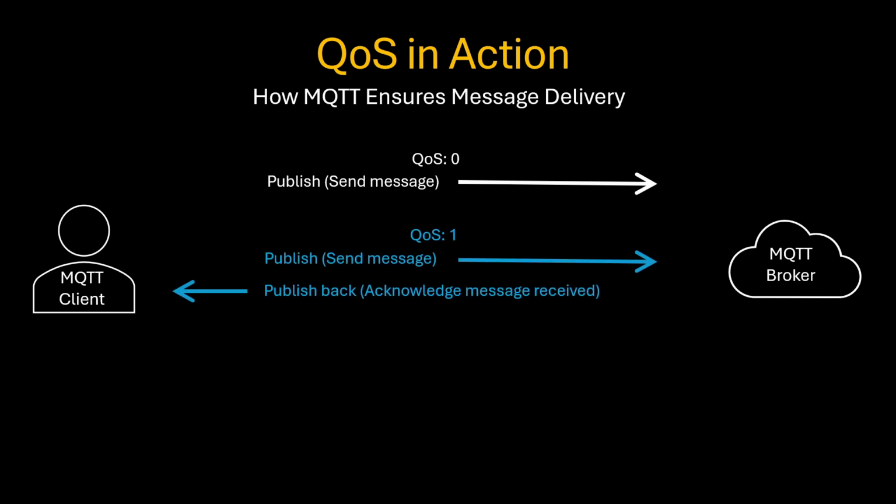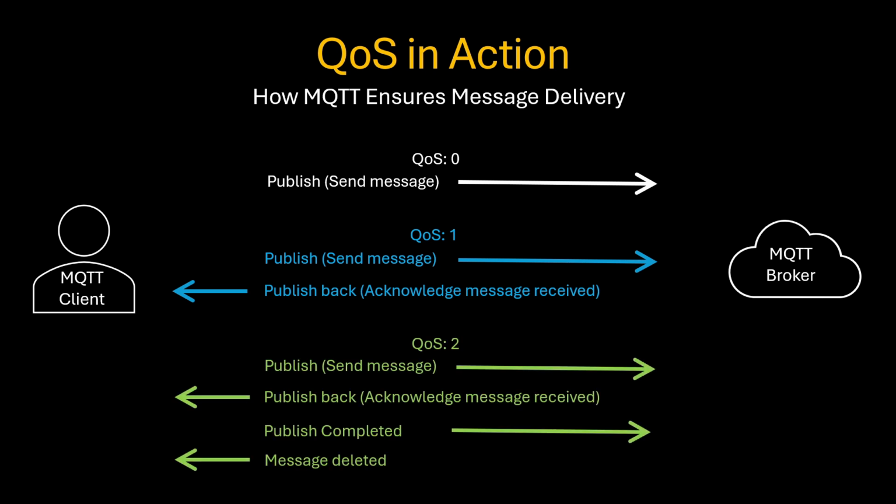QoS 1 will publish and send a message, but the broker will also publish back acknowledgement message received. QoS 2 will do the same as above with some additional steps. The client will publish send a message. The MQTT broker will publish back acknowledgement message received. The MQTT client will then publish back completed, and then the MQTT broker will then respond message deleted.